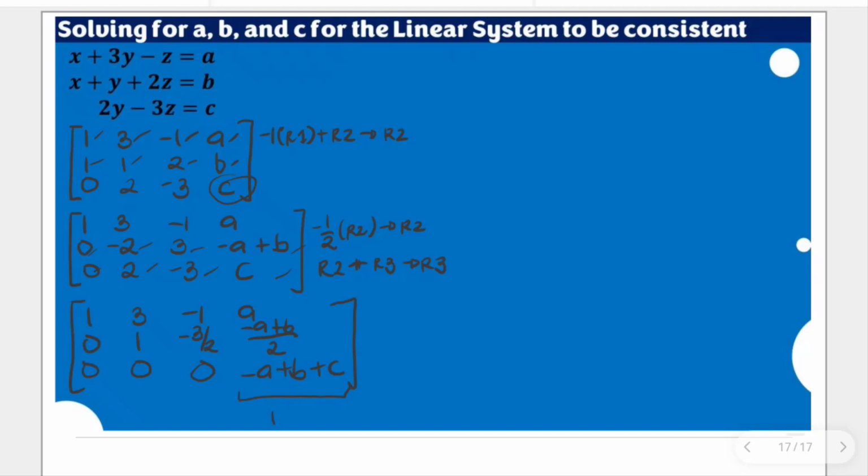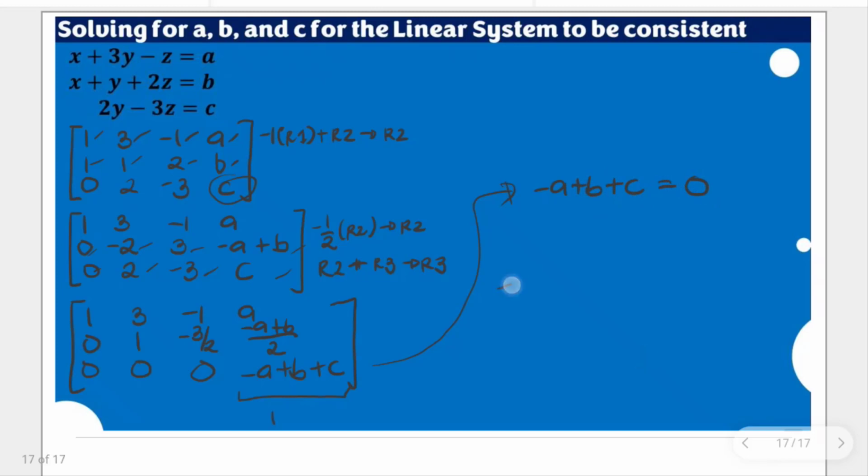Okay? Because there can be no 0x plus 0y plus 0z is equal to 1, right? So this could not be equal to 1. But this could also be not less than, not negative value, like -1, etc., etc. This could only be consistent if -A plus B plus C is equal to 0.